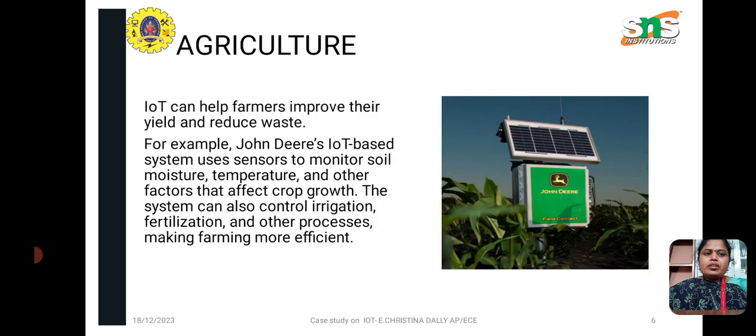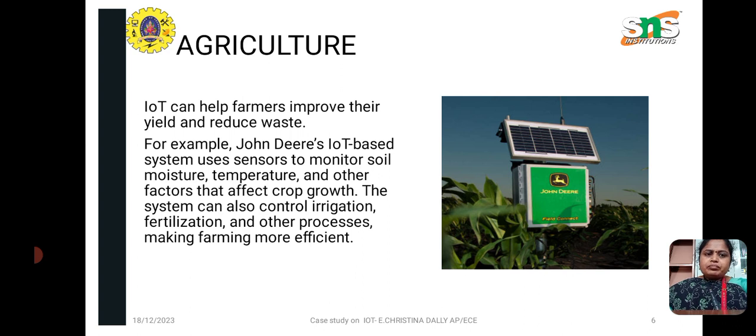Suppose we go for practical applications, starting with IoT in agriculture. Here the farmers can improve their yield and reduce waste.